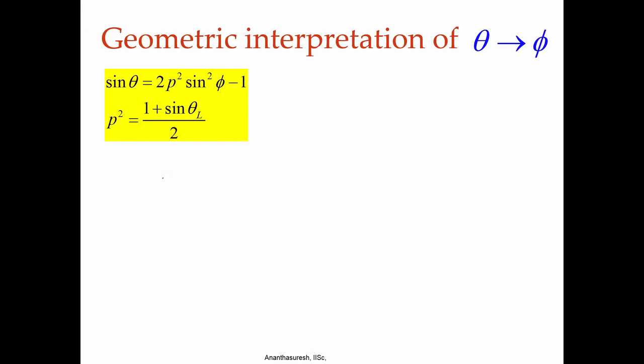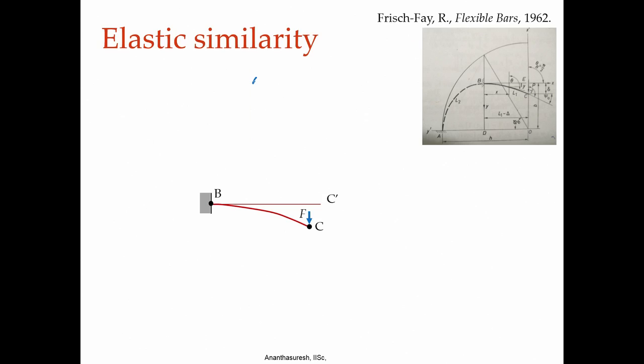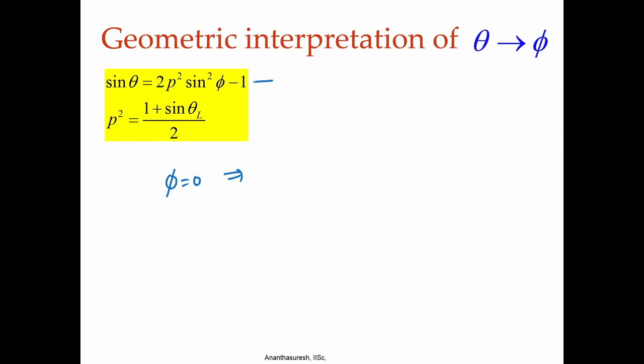So, I substitute phi equal to 0 in the first equation, let us go back, that is this one here. It gives us sine theta 0, let me say, that corresponds to where phi is equal to 0.